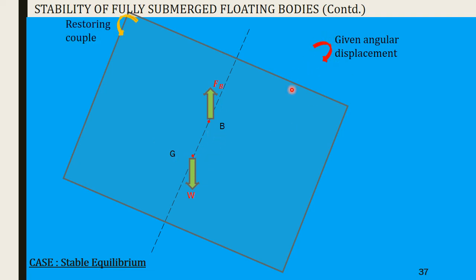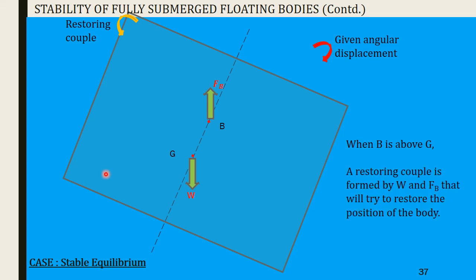So it creates a restoring couple. When the center of buoyancy is above the center of gravity, a restoring couple is formed by W and FB that will try to restore the position of the body. You give it an angular displacement, it will try to come back to its original position when B is above G. Hence, the body is said to be in stable equilibrium.